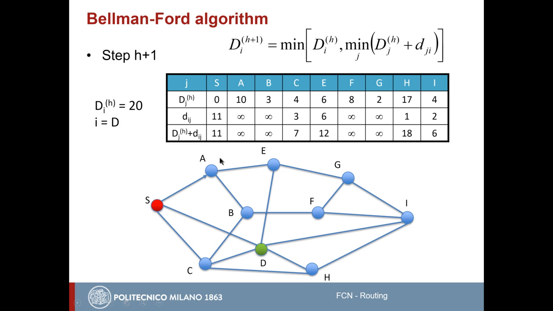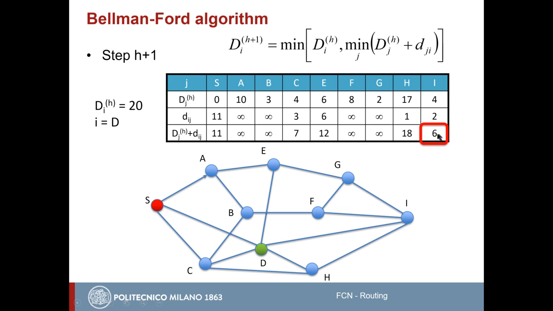So this is what you have to consider each time you need to update the weight of a given node. In this case it was D. Then you have to do the same for A, for B, for C, and so on, each time with this table. In order to take the final decision, you have to take the minimum between all these values.